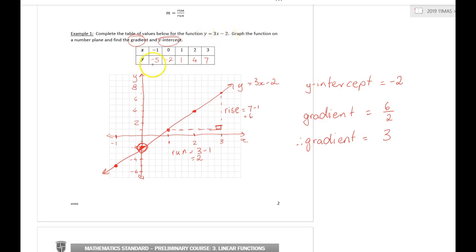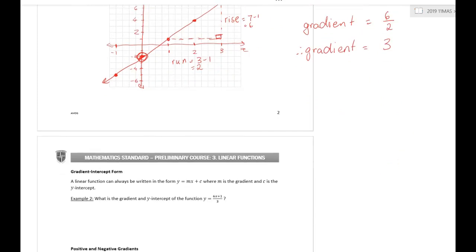How convenient. Notice that these are increasing by 3's, and underneath the 0 I've got a negative 2, right? It's all coming together. So if we rearrange an equation to look like this, y equals mx plus c, then I can read the gradient and the y-intercept off without having to draw the graph and triangles and calculations and things.